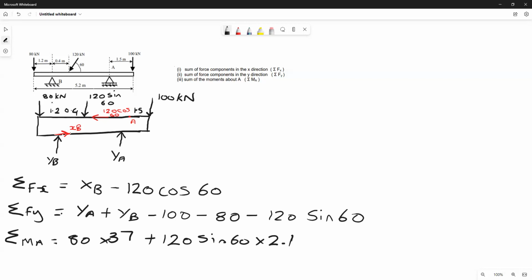And then we've got minus 100 times 1.5. And then we've got the support as well, so minus YB times 2.5.